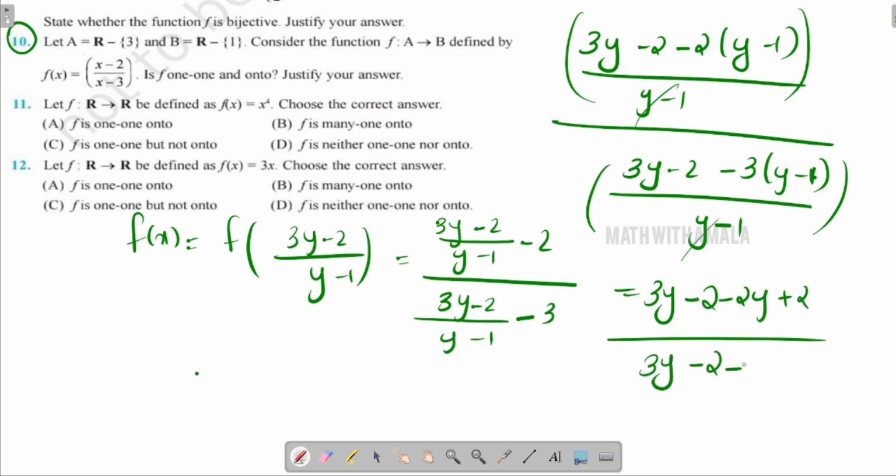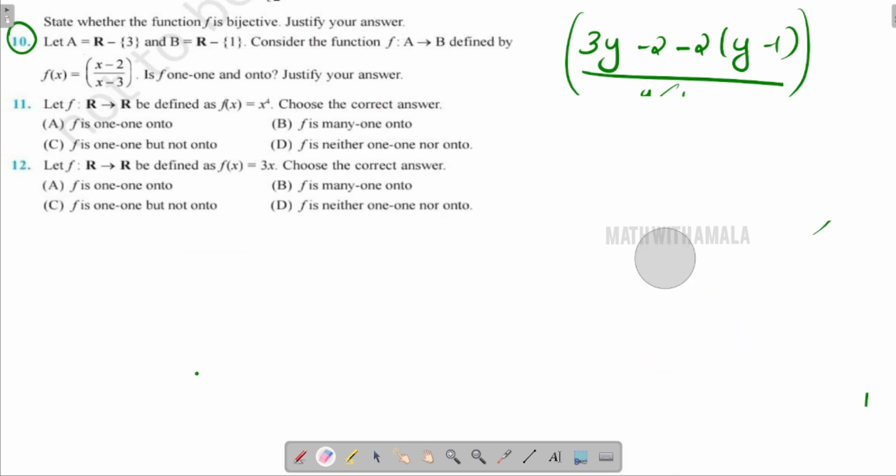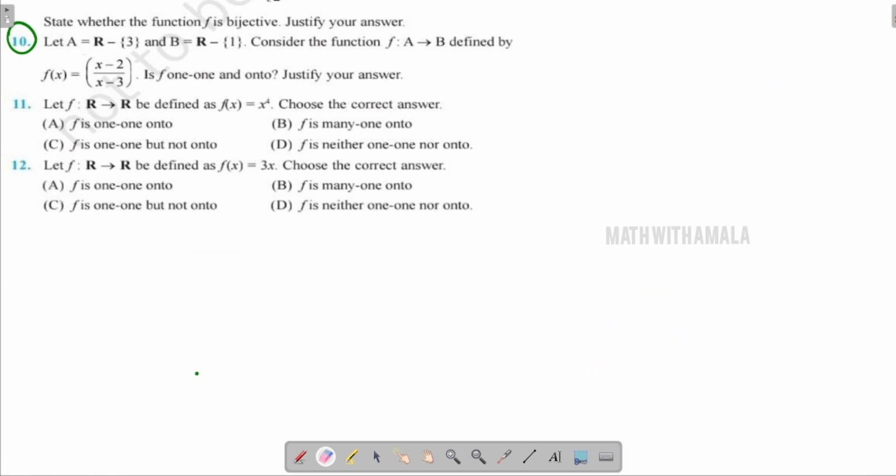You can cancel y minus 1 on both denominators because they are similar. Open the brackets: 3y minus 2 minus 2y plus 2 divided by 3y minus 2 minus 3y plus 2... 3y minus 2y is y, minus 2 plus 2 is 0. In the denominator, 3y minus 3y is 0, and minus 2 plus 3 is 1. Then your answer is y by 1, that is y. Hence it is an onto function. So simply we can say this is a bijective function since it is both injective and surjective.